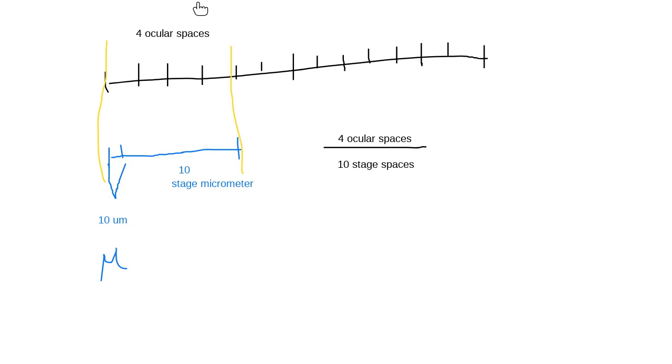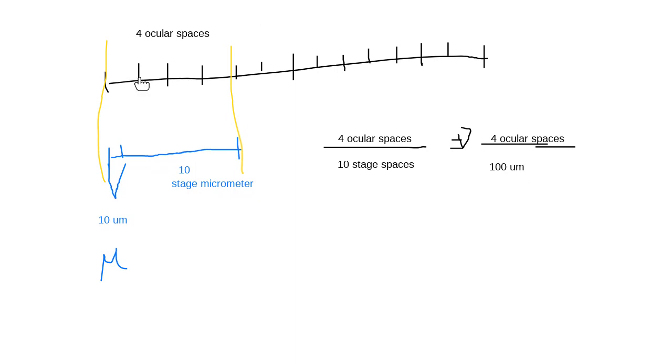Okay, so let's simplify this over here, which should be 4 ocular spaces. They measure 100 micrometers. The reason I know it's 100 micrometers is because the 4 ocular spaces correspond to 10 stage spaces, and each of those 10 stage spaces measure 10 micrometers, so I multiply that 10 by that 10.